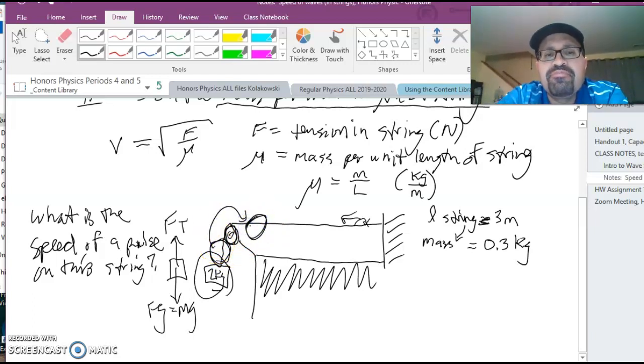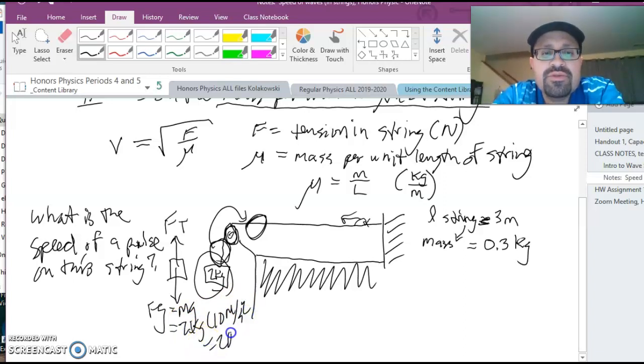So if we can find the weight, knowing that this mass is in equilibrium, the weight, which would be mg, is 2 kilograms times 10 meters per second squared, that's going to be 20 newtons, right?